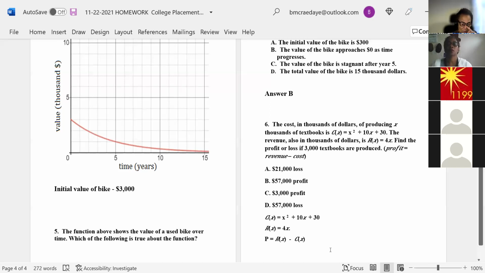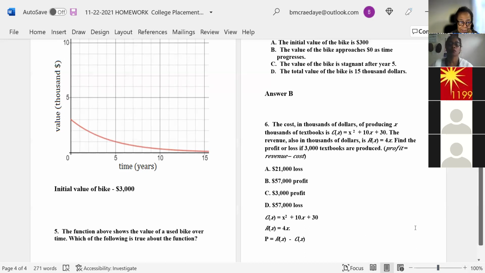So if you substitute, this is the input, X squared plus 10X plus 30 is the cost, and the revenue is the 4X. So substitute the 4X minus the X squared plus 10X. So we have to substitute. What are we substituting it with?